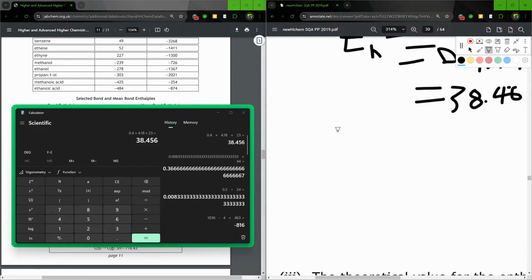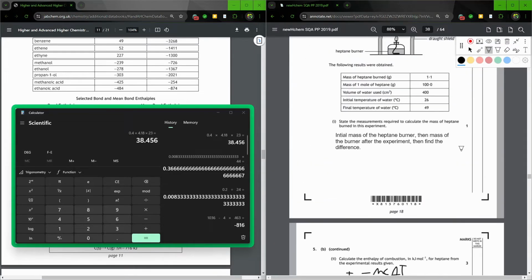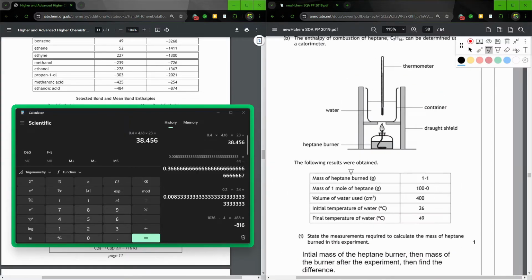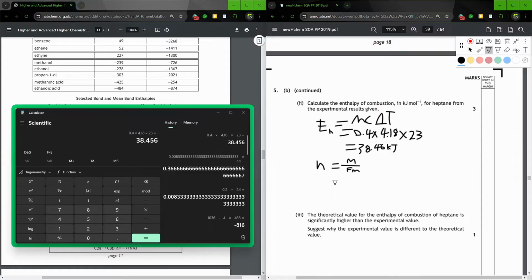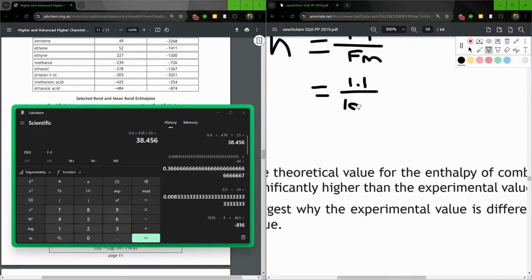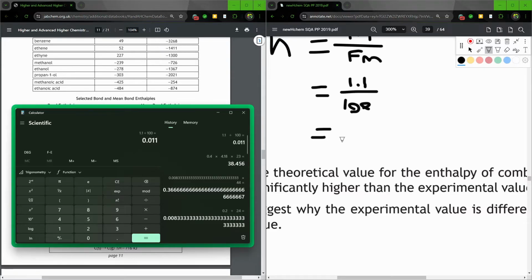Okay, cool. And then we just work out the number of moles. So this will be the number of moles of heptane burned. It says the mass of heptane burned is 1.1, and it says the mass of 1 mole of heptane is exactly 100. So we can just do that and then do our calculation. So it'd be 0.011 mole.